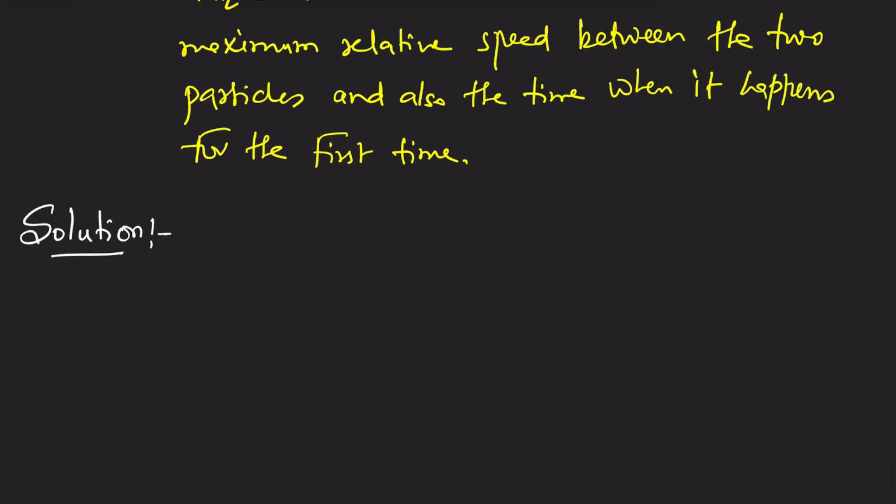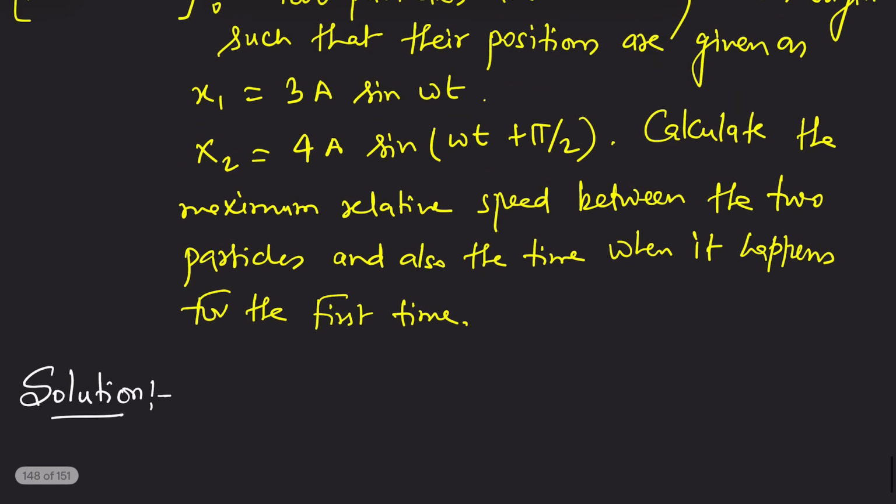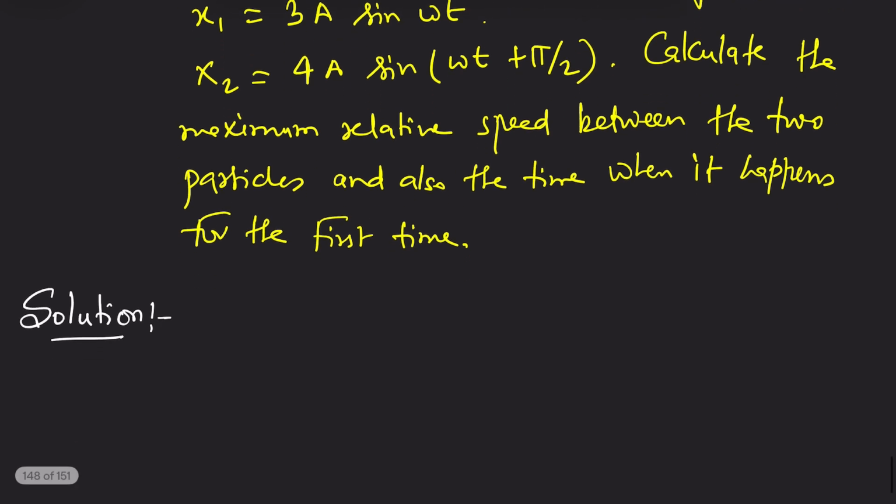So guys, there are two particles and their amplitudes are different. So we have to draw two different particles. If I draw their velocity diagrams, that I can draw, and if you want, the position diagram, that you can also draw.